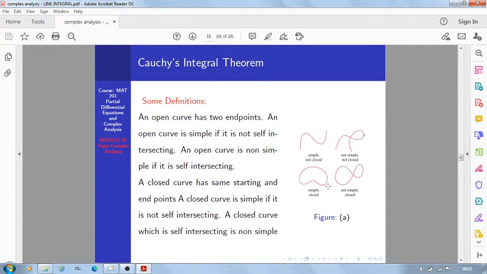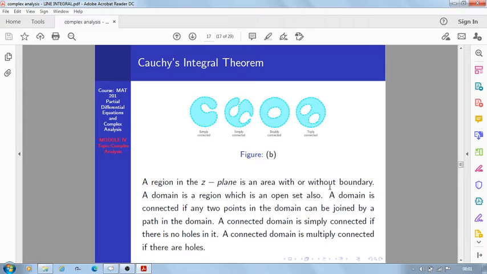Now we move to some definitions on regions in the z plane. We say that a region in the z plane is connected if you can move from one point in that region to another point in that region without leaving that region.